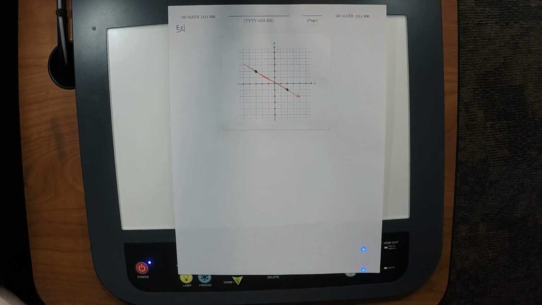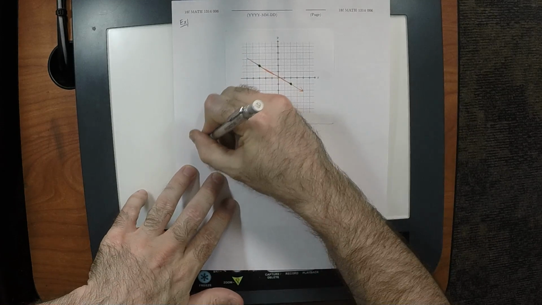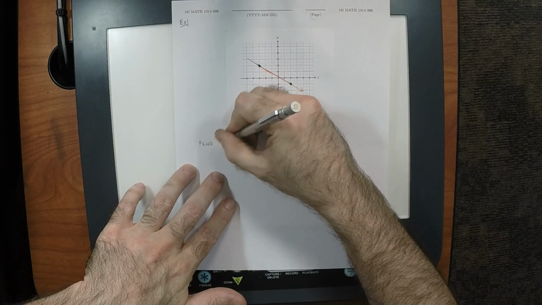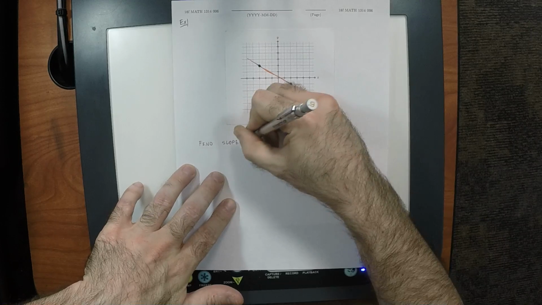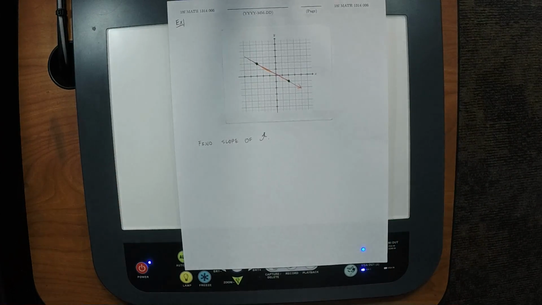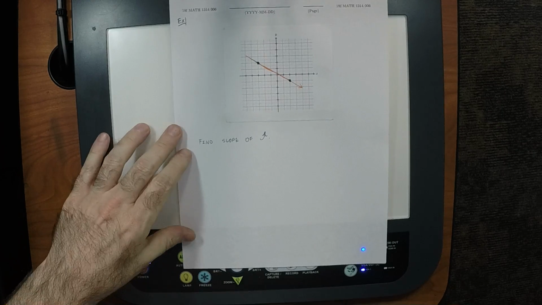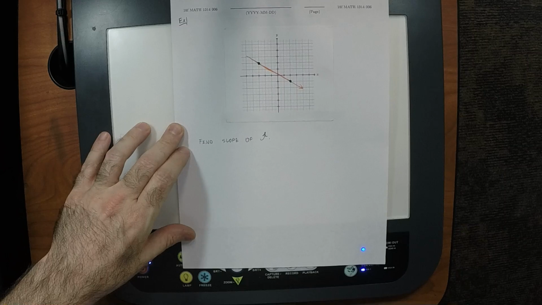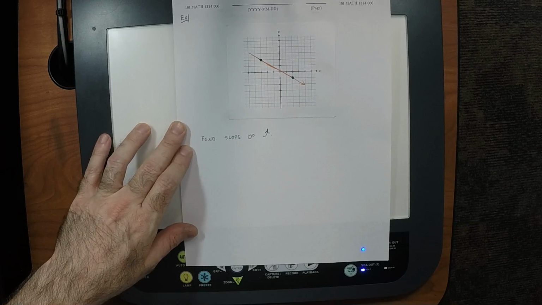Now, the request is for you to find the slope of that. So I'm going to demonstrate 2 different ways to achieve it. One is purely by way of calculation, and another way is without using a calculation.